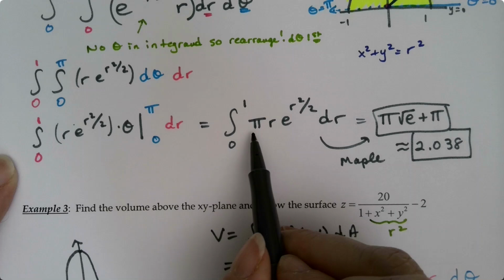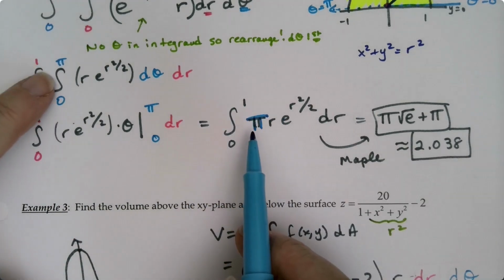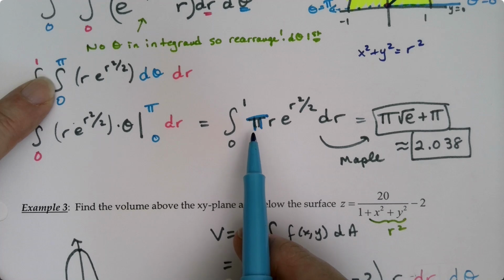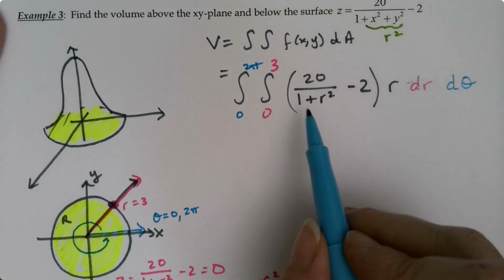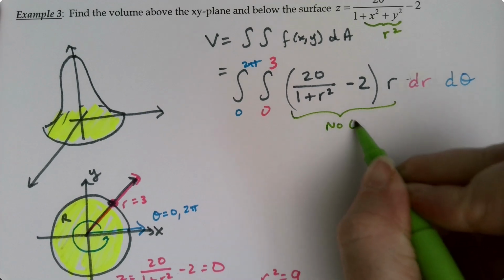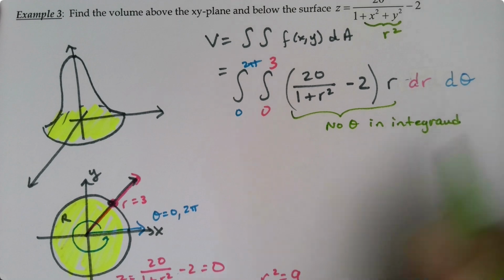And so it just became this pi sitting right here, which we knew it was going to be in the first place. So why bother showing the work? We're going to use this trick all the time. We're going to say, look, there's no theta in this integrand, and so we're going to get rid of the theta.